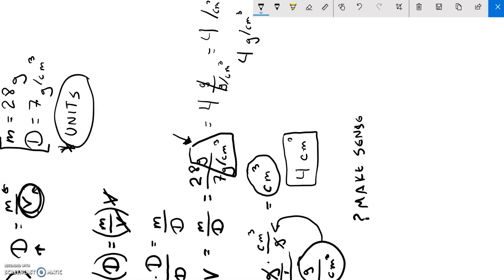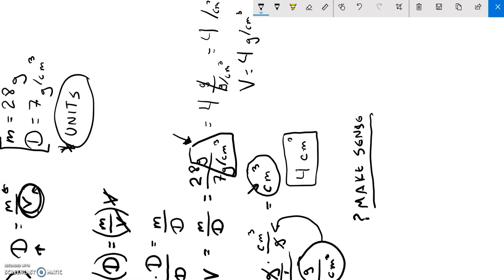So a gram measures how much mass is in an object, whereas a cubic centimeter, like we have here, measures how much space something takes up. So it doesn't make any sense to have a volume, which is what we're solving for here, reported as anything with grams. That would be like somebody asking you how big your car is, and you tell them, well, it weighs 1,500 pounds. It's just not the right kind of answer that they're looking for. It's not a wrong answer, but it's a wrong answer to the question they're asking. So always ask yourself if the units make sense.